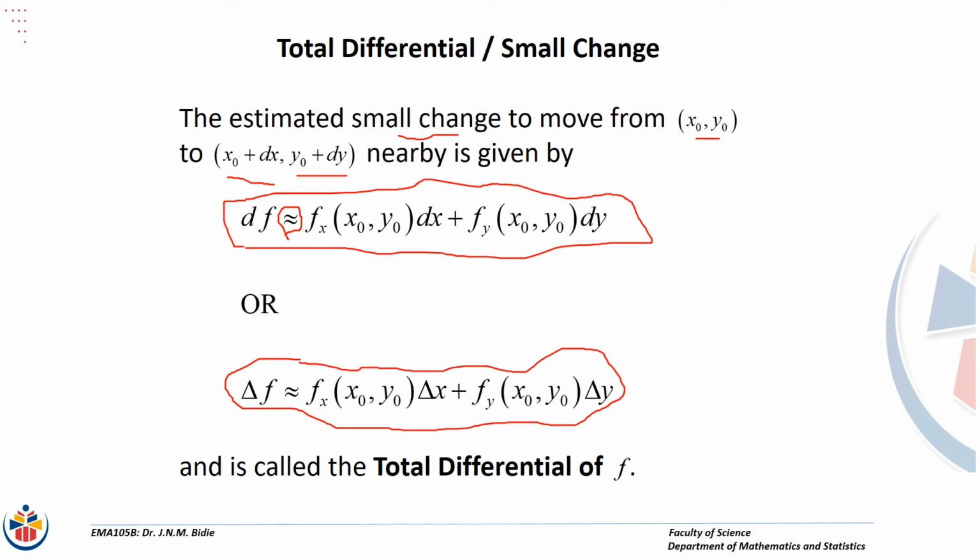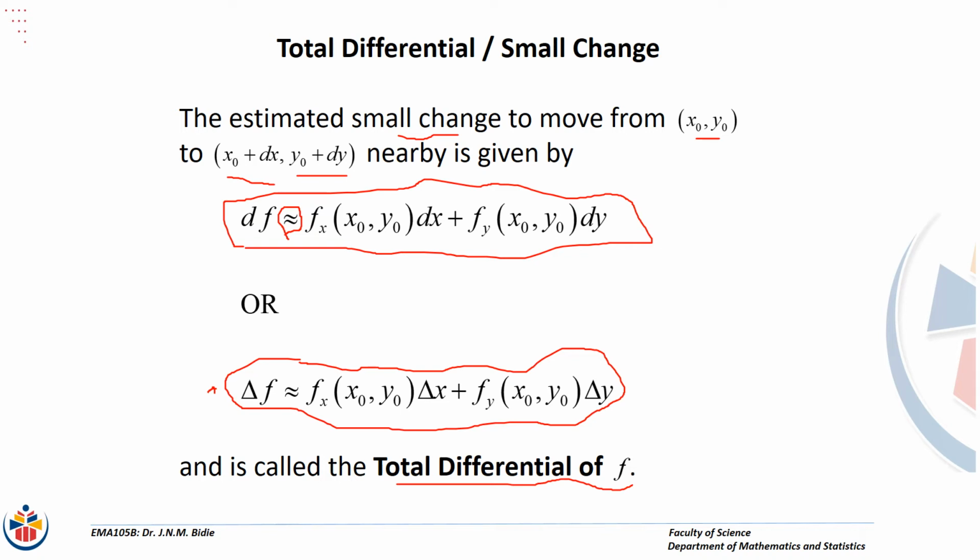They are using delta f, delta x, and delta y, just to give a difference between the derivatives and the small changes. So most of the time, you'll discover that most textbooks use the second formula. And this is what is called the total differential of f.